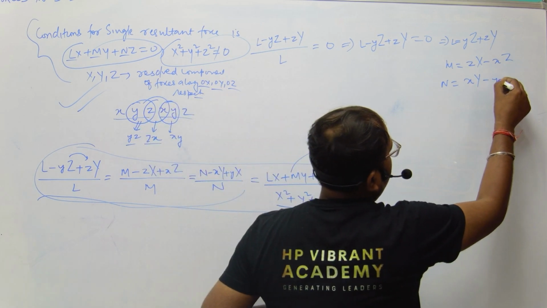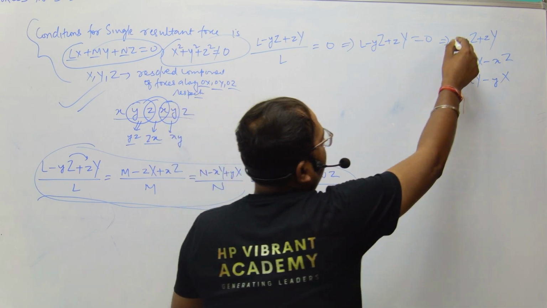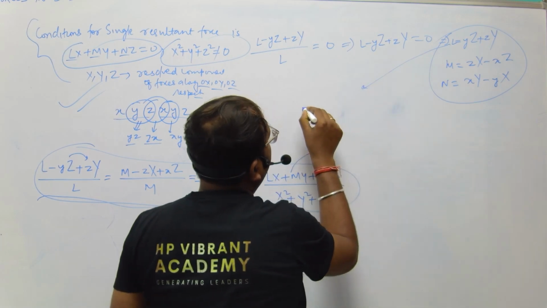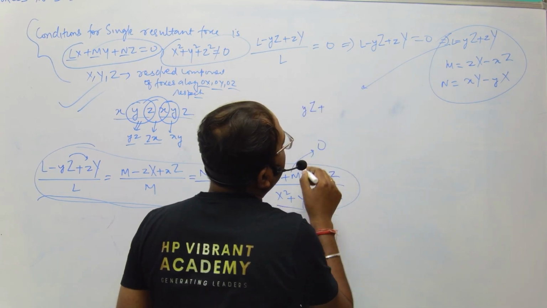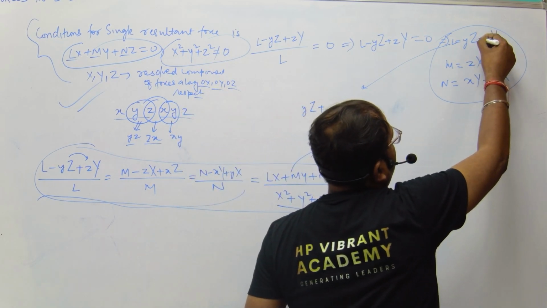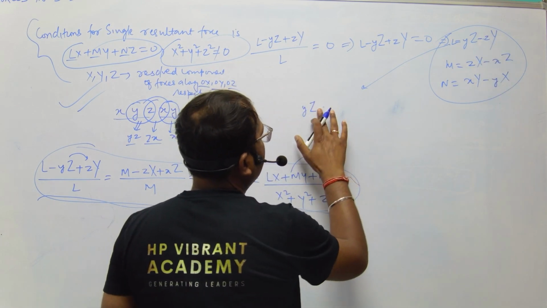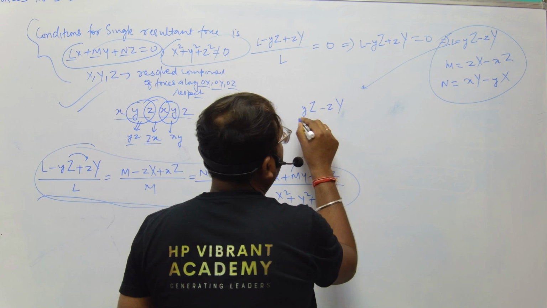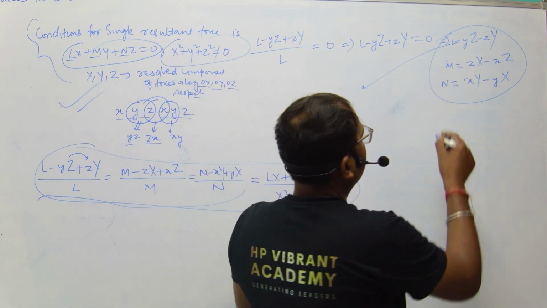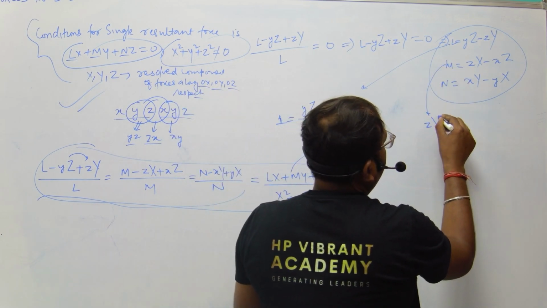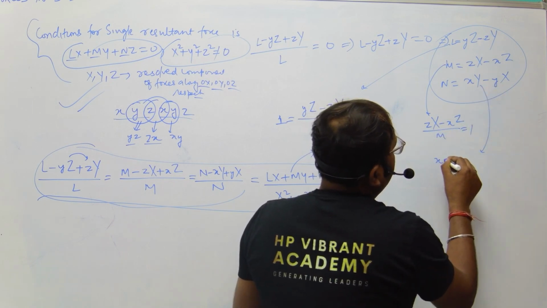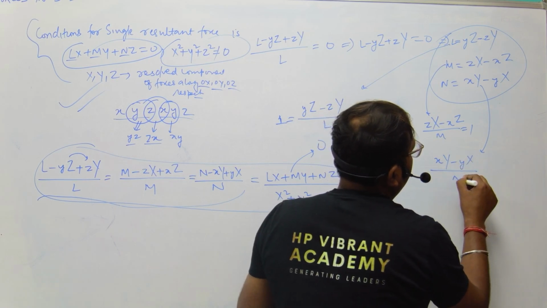minus y capital X. So from these expressions, let us divide: (y capital Z minus z capital Y) upon L is equal to 1. Similarly (z capital X minus x capital Z) upon M is equal to 1, and (x capital Y minus y capital X) upon N is equal to 1.